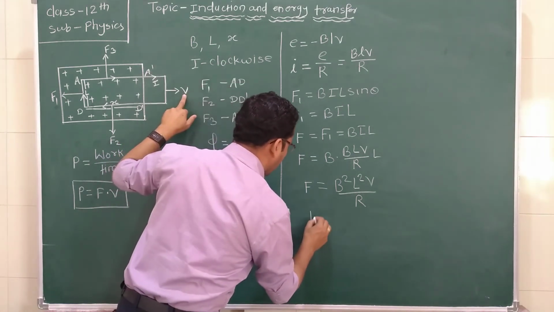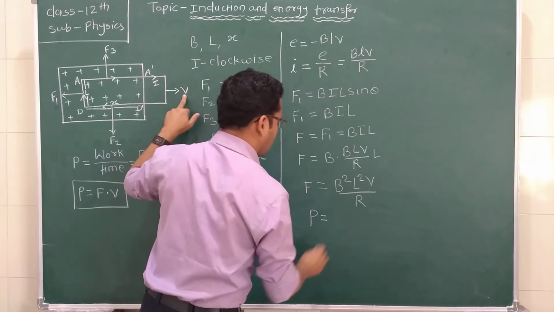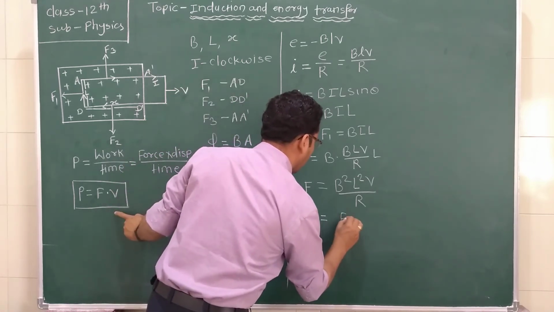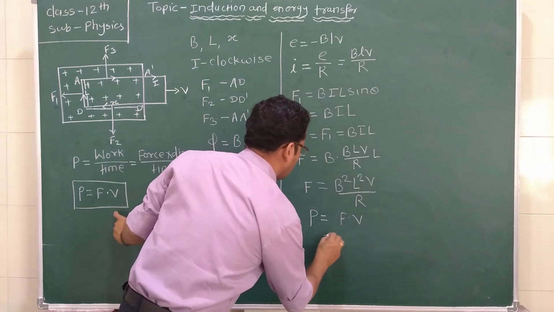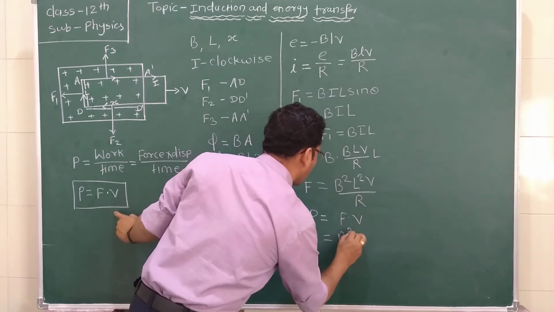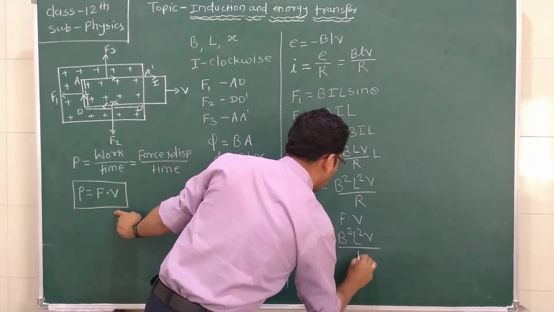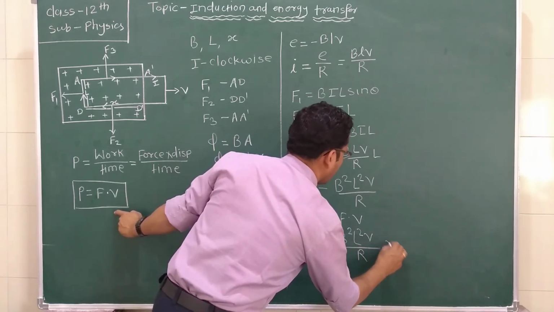So what is the power generated? This power is equal to force multiplied by velocity. So the force, B squared L squared v divided by R, is multiplied by v.